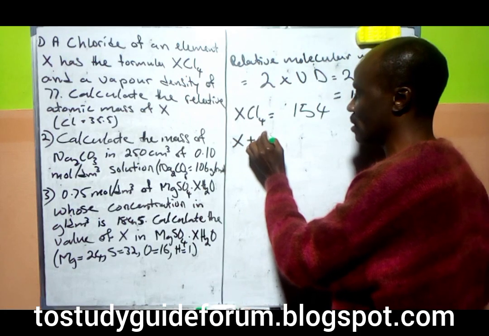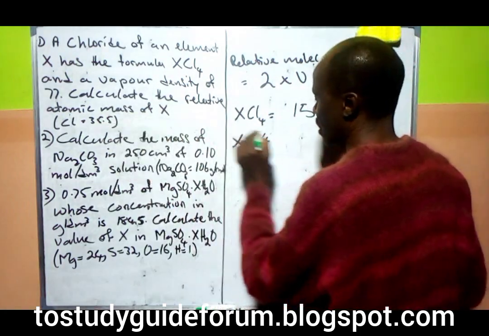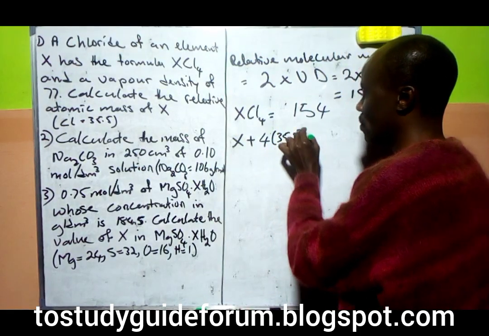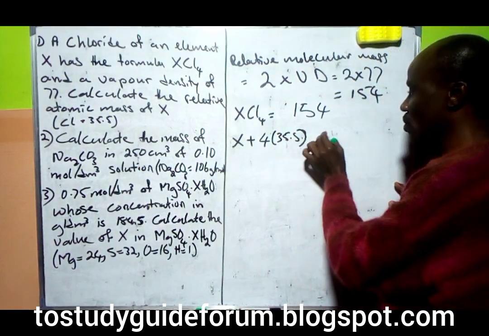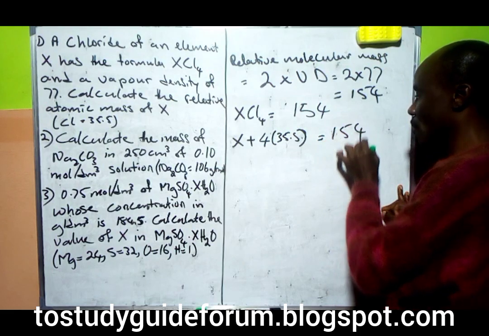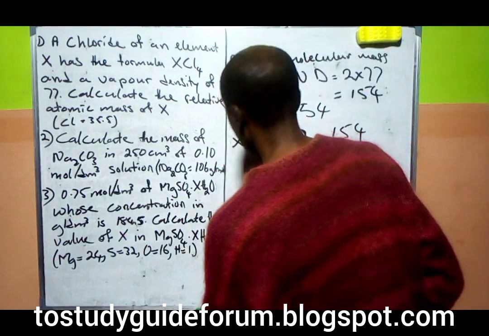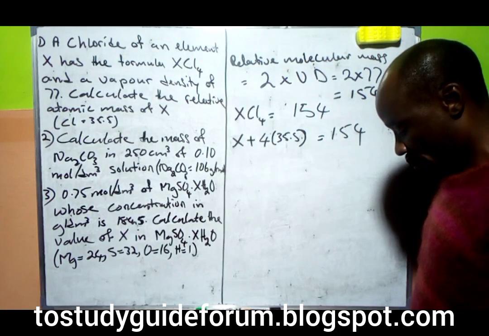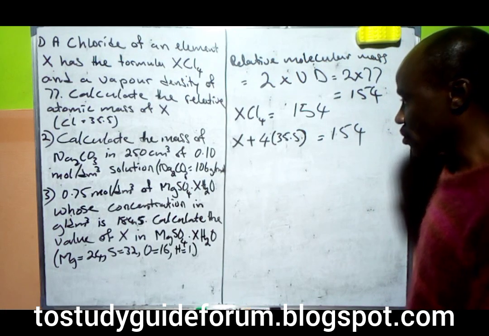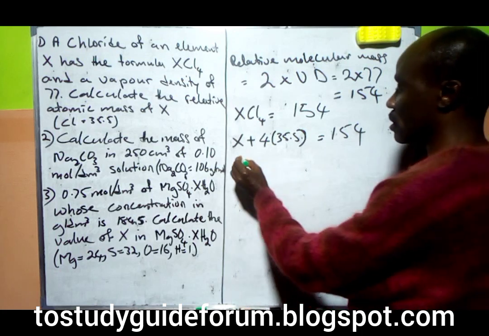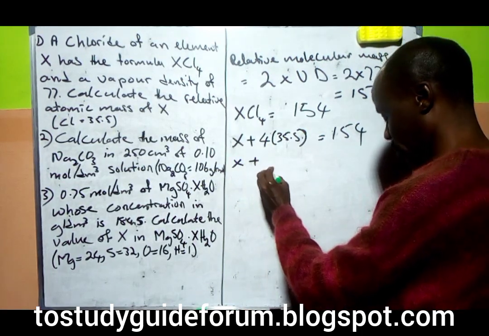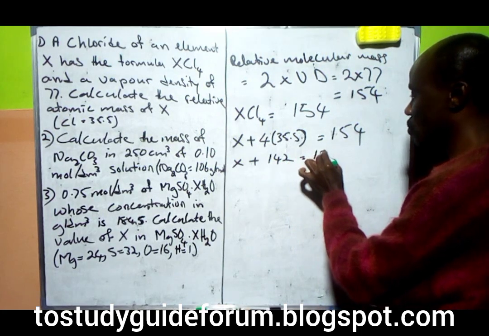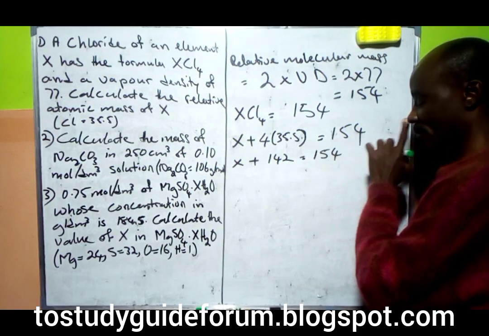We know that chlorine is 35.5, so 4 times 35.5 will give us 142. So X plus 142 is equal to 154.